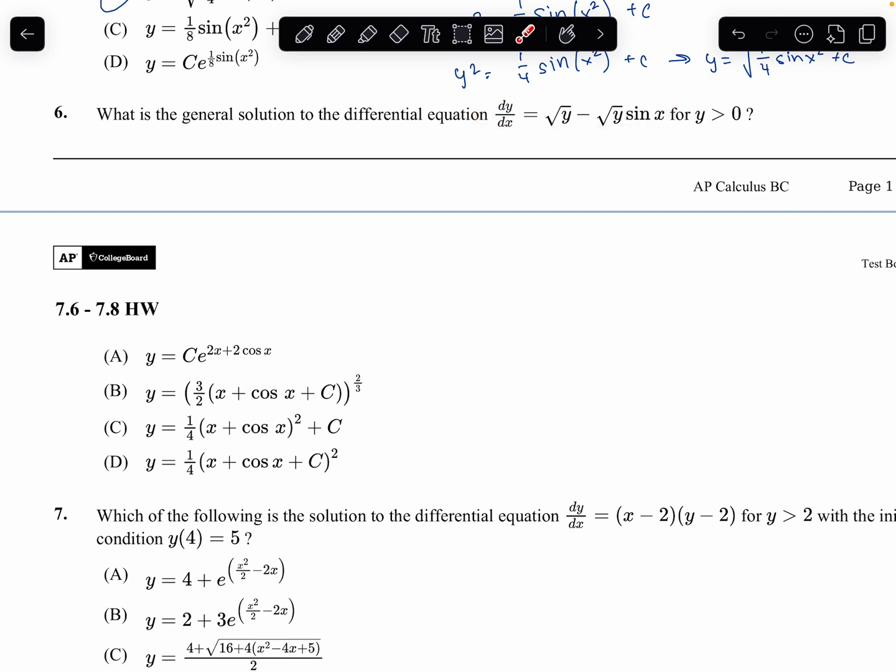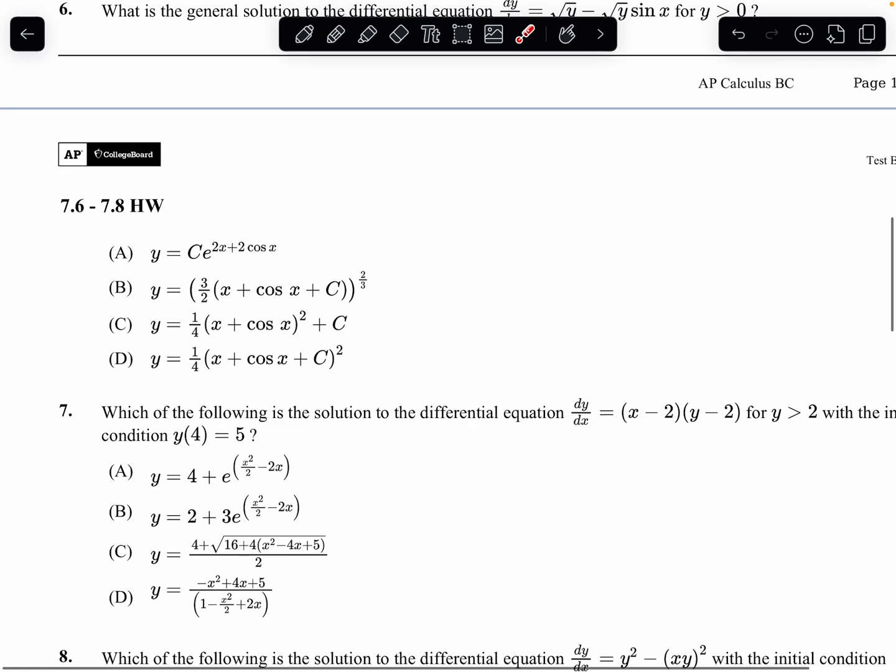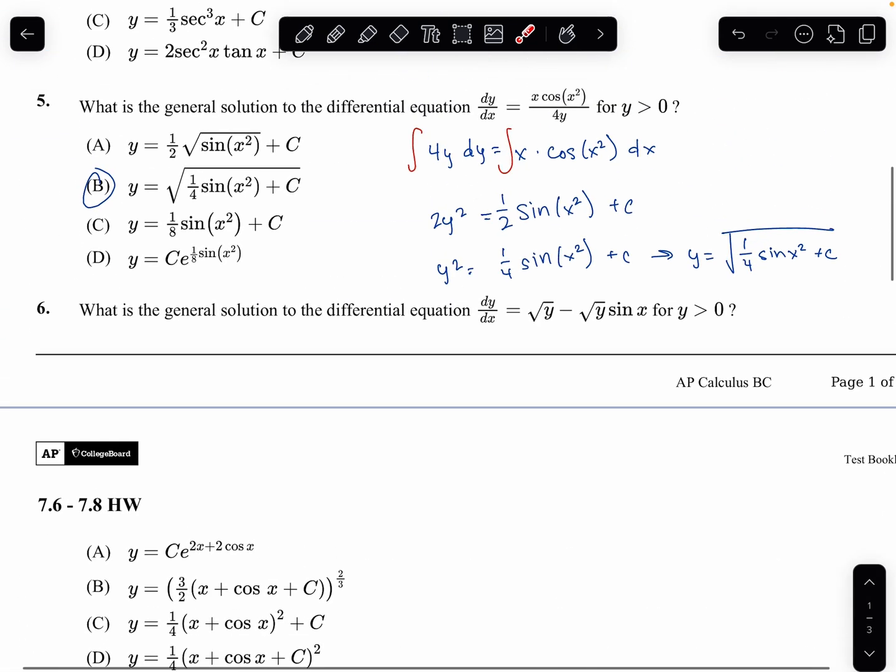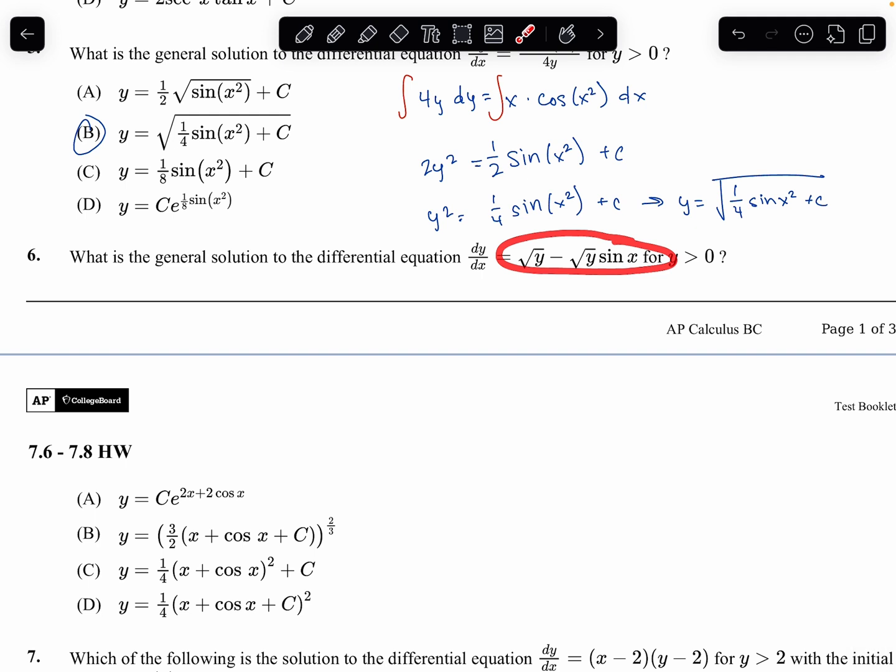There's definitely more tricky separable differential equations, which I'm sure we'll come across. But in this case, the tricky part to know what to do here is just to factor out the square root of y. So I'll get dy/dx is equal to the square root of y, and then I'll get 1 minus sine of x.